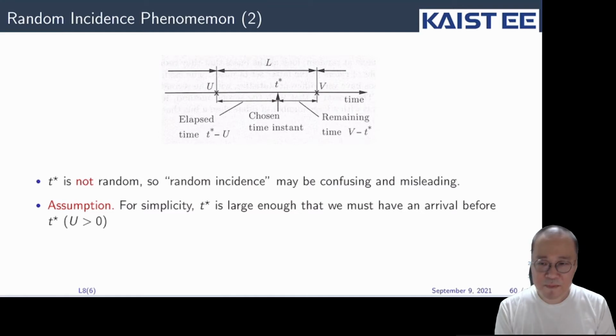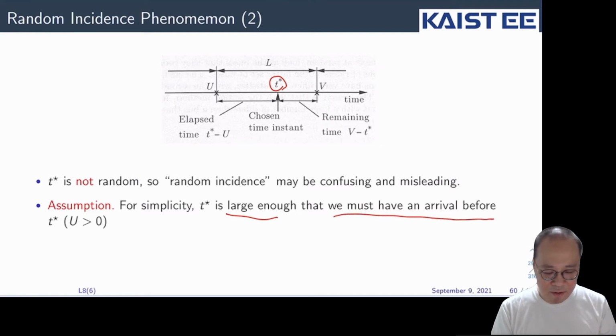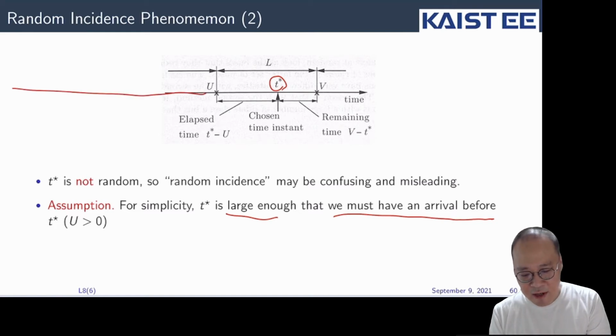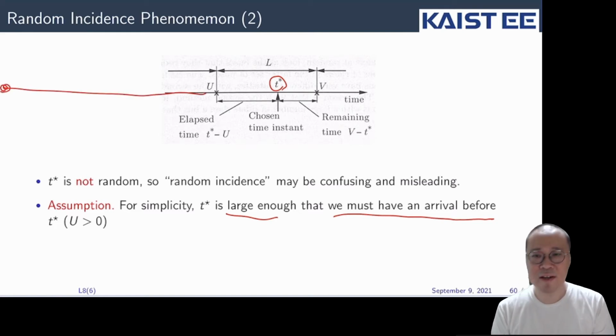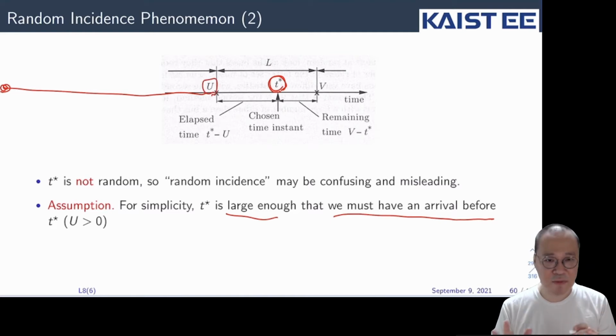For simplicity, we're going to assume that T star is large enough so that we must have an arrival before T star, meaning that this Poisson process started a long time ago, and T star is chosen so that we must have a previous arrival U. Which means that U is not 0.